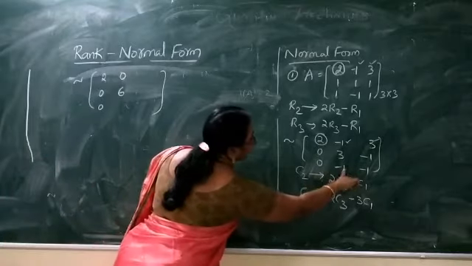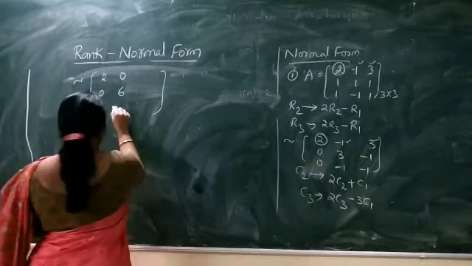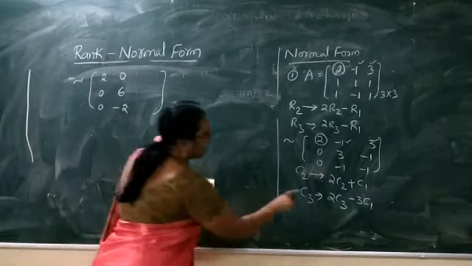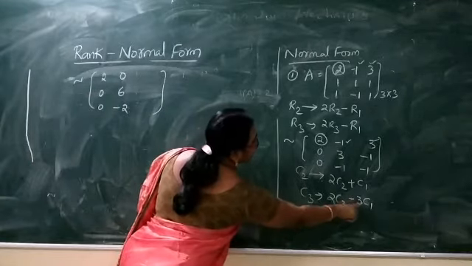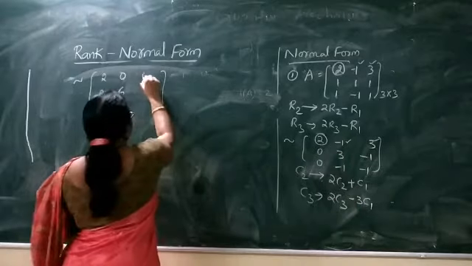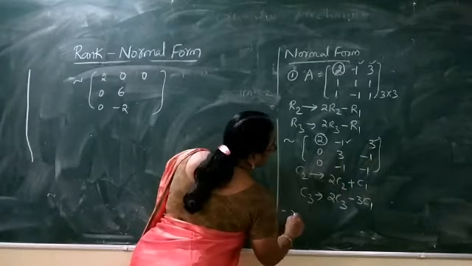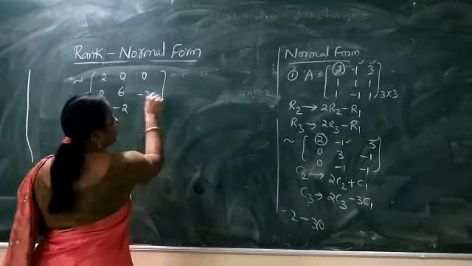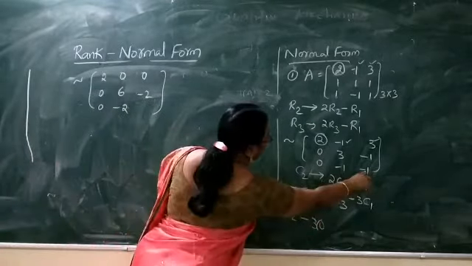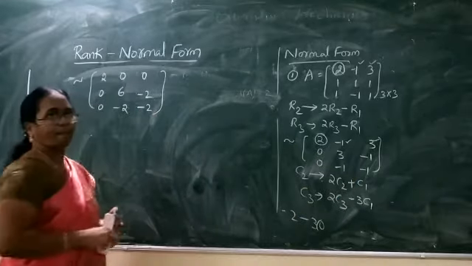Next it is 2 into minus 1, minus 2 plus 0, we have minus 2 here. And again applying the column 3 transformation, we have chosen 2C3 minus 3C1, this 3 becomes 0. Next it is 2 into minus 1, we have minus 2, minus 3 into C1 0, we have minus 2. Again 2 into minus 1, it is minus 2 minus 3 into 0, again minus 2.